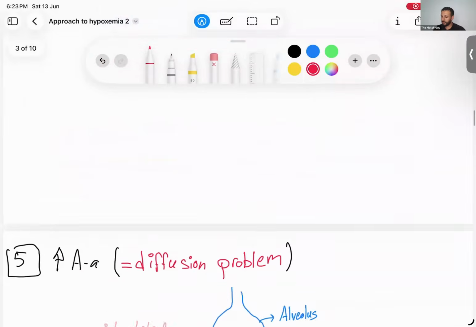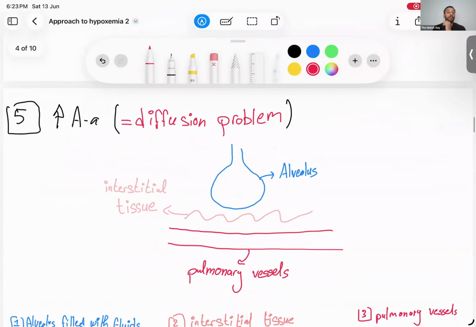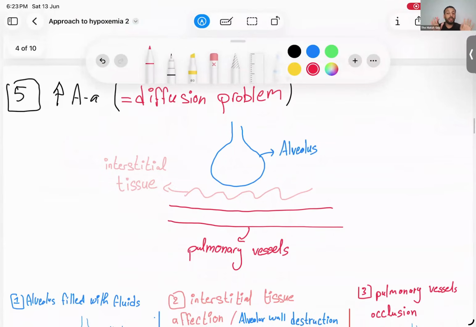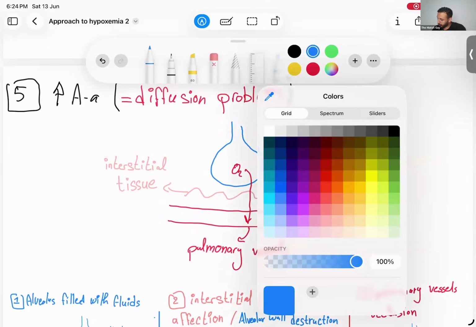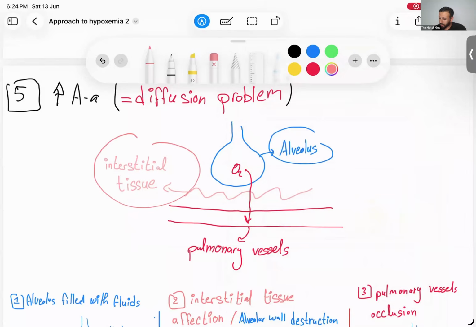Okay, amazing. Now let's talk about diffusion problems, or rather, let's not call it a diffusion problem. Let's call it a problem that leads to decreased transfer of oxygen from the alveolus to the pulmonary vessels. This process has three components. The first one is the alveolus. The second one is interstitial tissue.